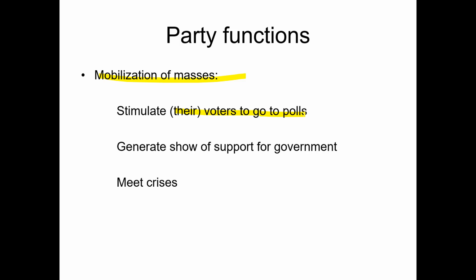They're trying to stimulate their own voters to go to the polls, and could literally be trying to suppress other voters who they suspect would not vote for them. And they can use this mobilization to generate a show of support for the government, which is a healthy part of democracy.